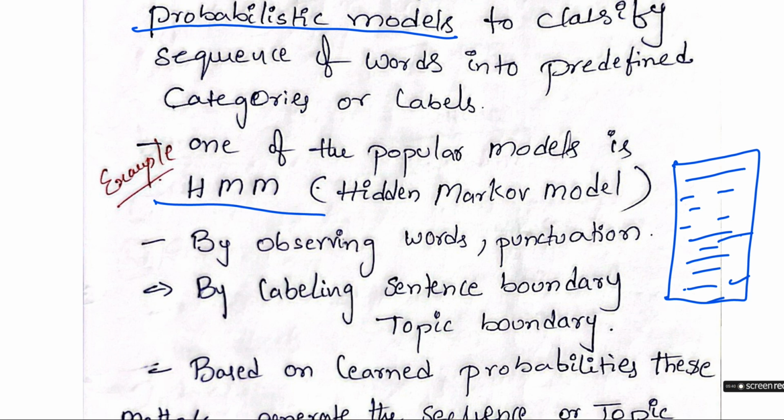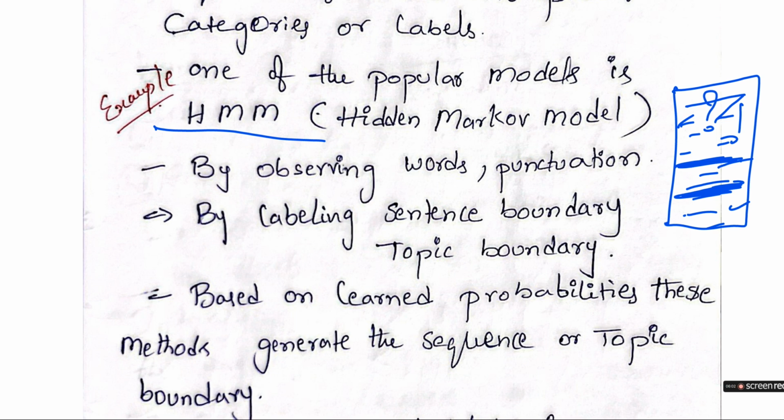From the document, by observing the words and the punctuation marks, and by labeling the sentence boundary and the topic boundary, this hidden Markov model will learn the probabilities. Based on those probabilities, it will generate the sequence of words, that is, a sentence or topic boundary. Okay, so this is the main concept of the hidden Markov model.